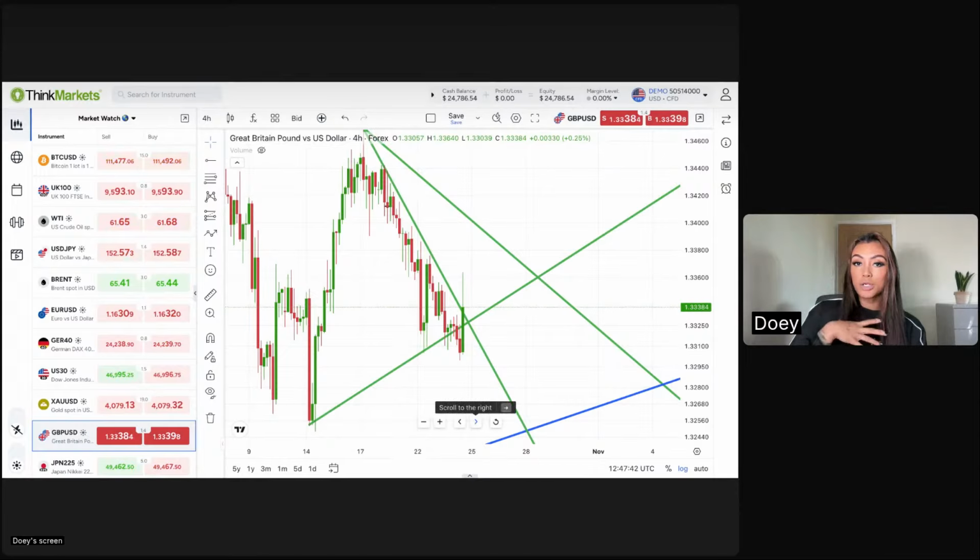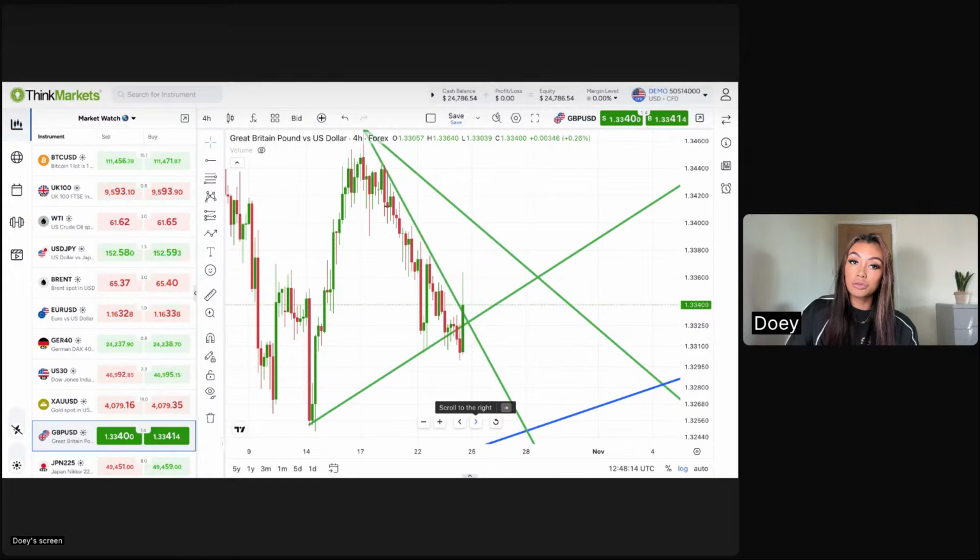For me, market structure on the higher time frames is always going to be a lot stronger, but you can very much trade market structure on the lower time frames. You just have to be realistic about your goal. Some people I know who trade market structure on the 15-minute, for example, have a smaller stop loss because they're able to on the lower time frame, but then they're trying to aim for the 1-hour high or the 4-hour high, and they're always hitting stop loss.